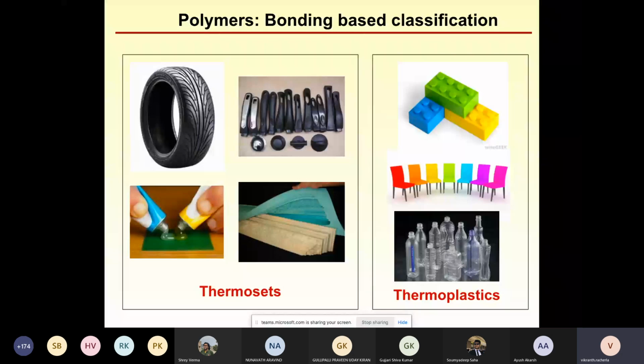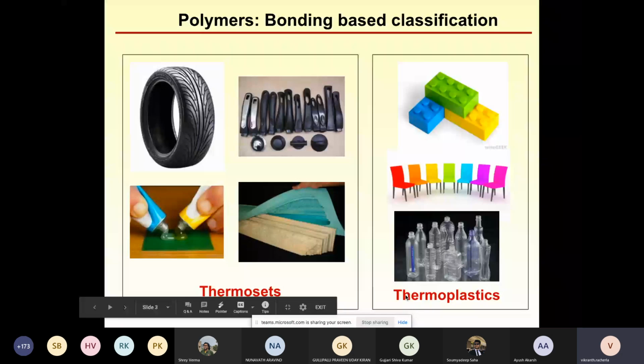So for this reason, there has been a great push to work with thermoplastic materials. So thermoplastics, if you break down the word, thermo means temperature, plastic means ability to change the shape.